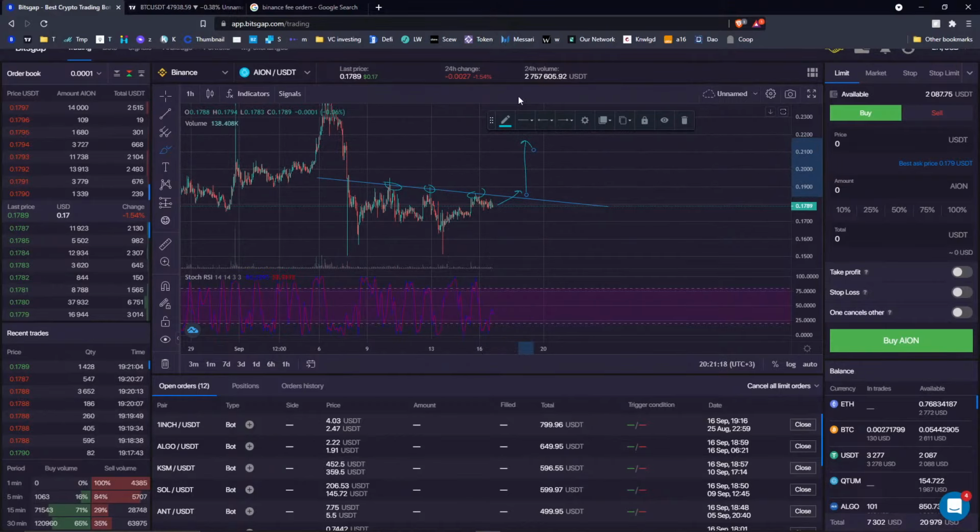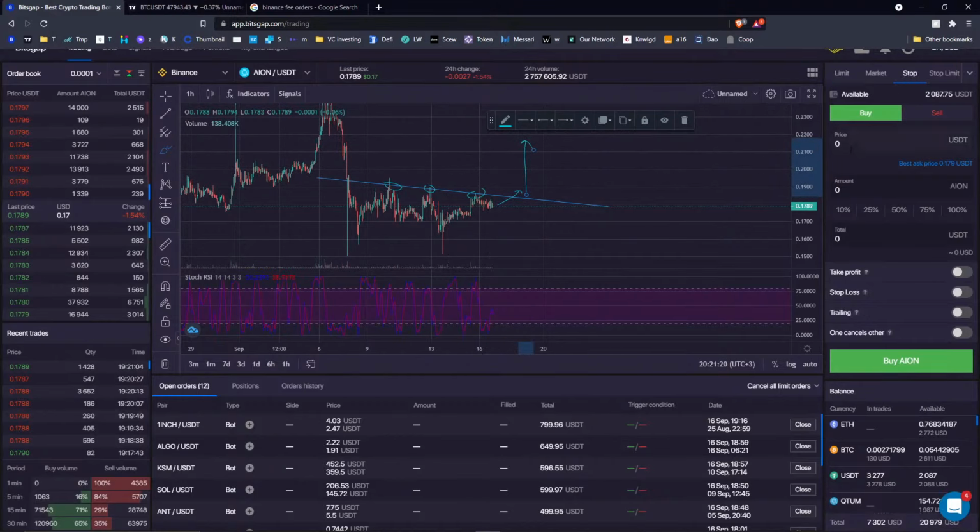And you don't want to skip it, so you're going to plot a stop buy order at the price of, let's say, 0.1 maybe. No, actually, let's put it a bit higher, 0.3, and you want to buy 25% of your available balance.